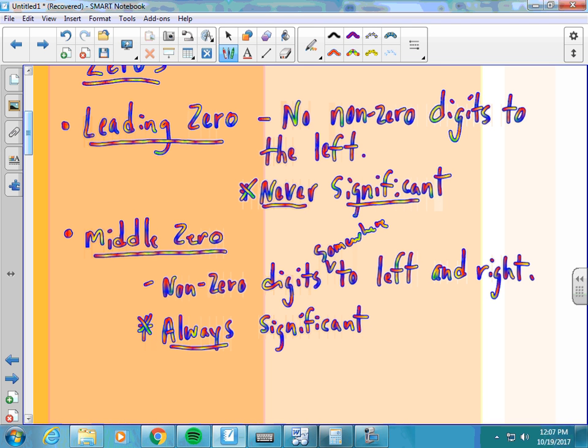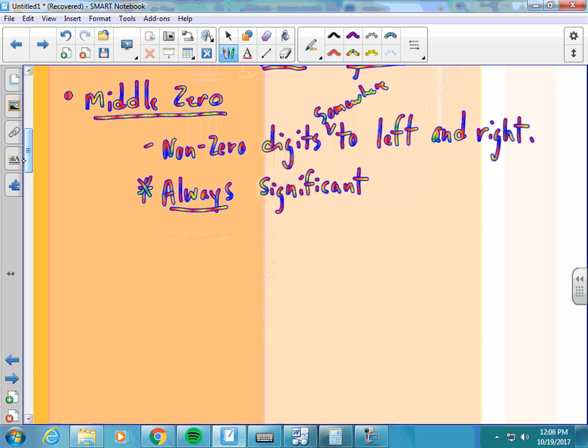Okay? So easy enough. So far, we know that any non-zero digits count as significant figures. We know that leading zeros, these are the zeros that would be before any non-zero digits, are never significant. If we have zeros that are in between non-zero digits, or middle zeros, they're always significant. We always count them. The trickiest of these types of zeros is the trailing 0.